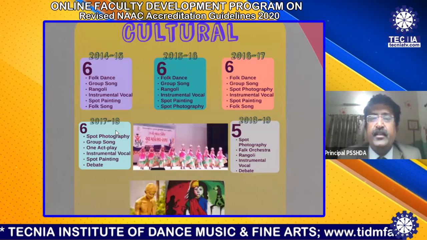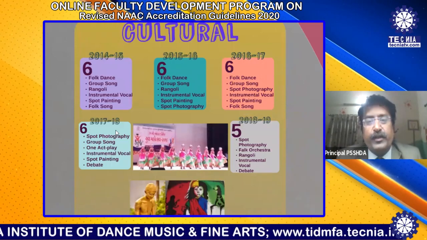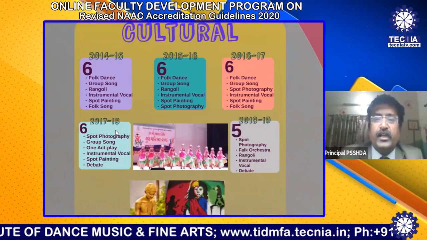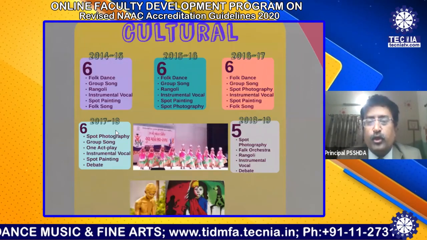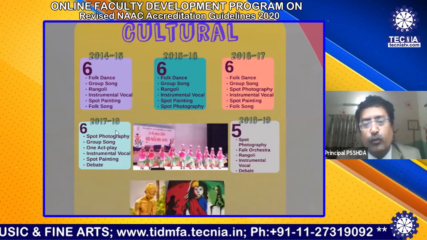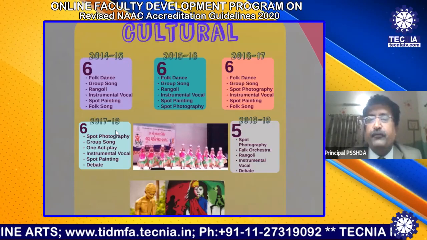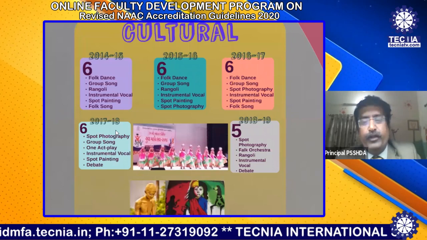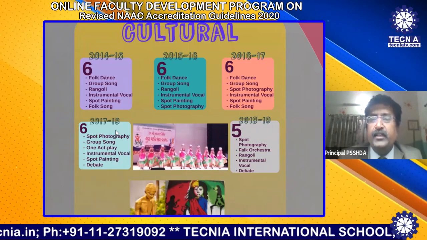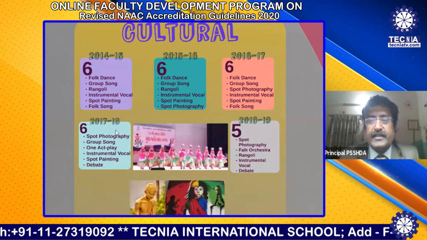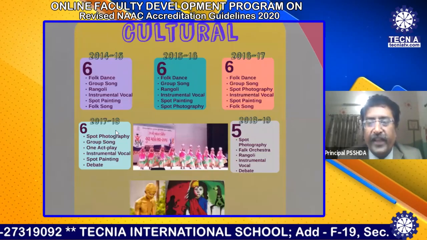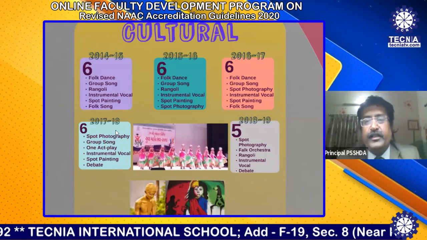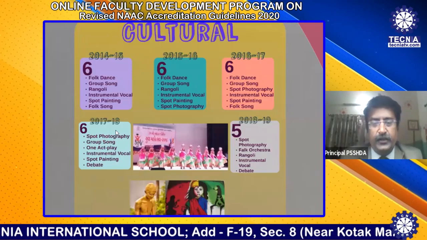In 16-17, 6 further medals in various events like folk dance, group song, spot photography, instrumental vocal, spot painting, folk song, and various activities. In 17-18, we have 6 medals. In 18-19, 5 medals. So in one slide, you can represent your whole 5 years of cultural activity at university level in this way.